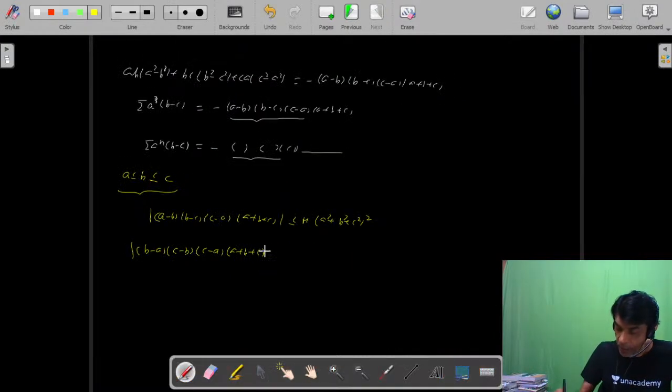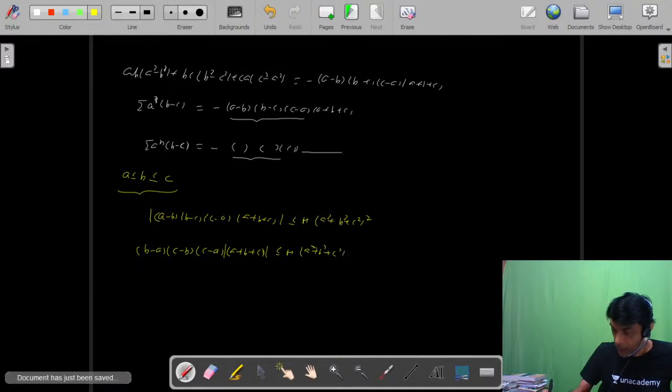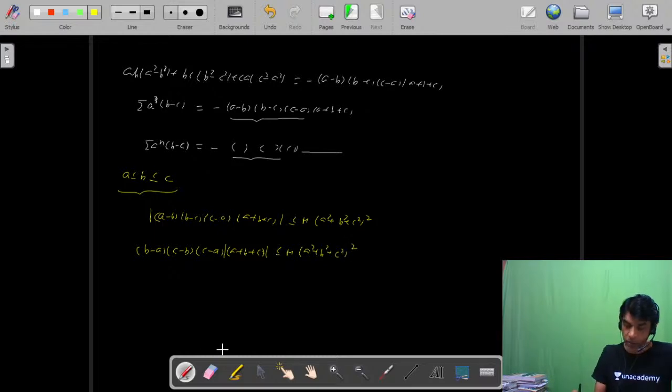I'll write the mod only, because I cannot get rid of this. So the total mod of this is less than or equal to M times (A²+B²+C²) whole squared.